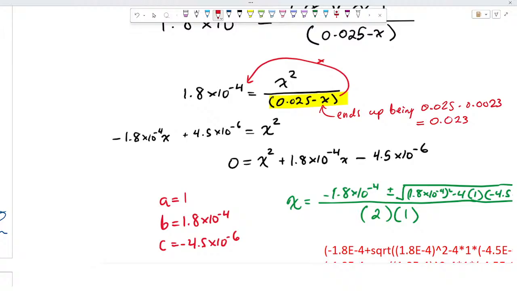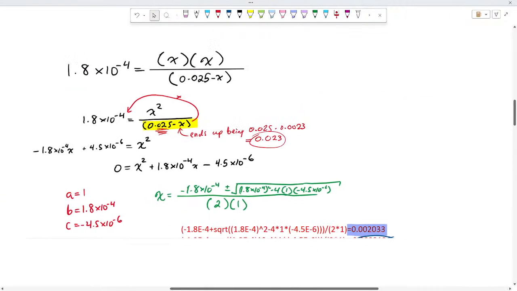Does that make sense? That's the math we got. Well, you know what 0.023 is really close to? 0.025.